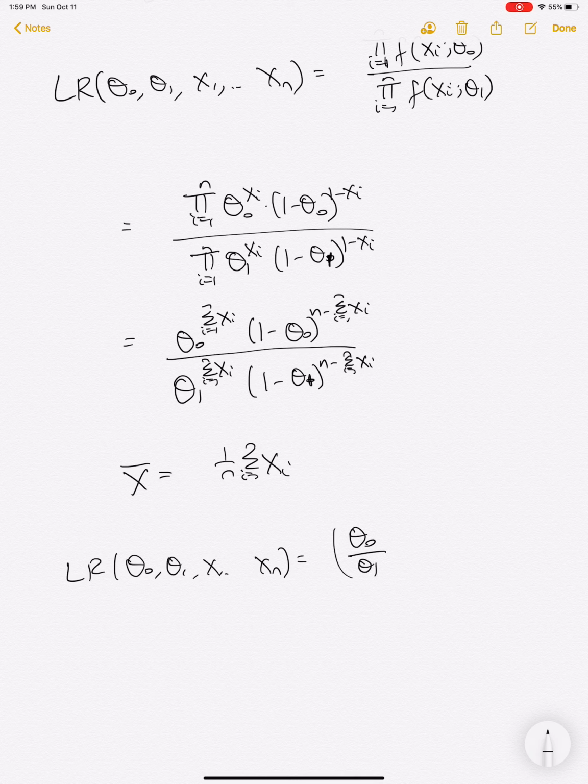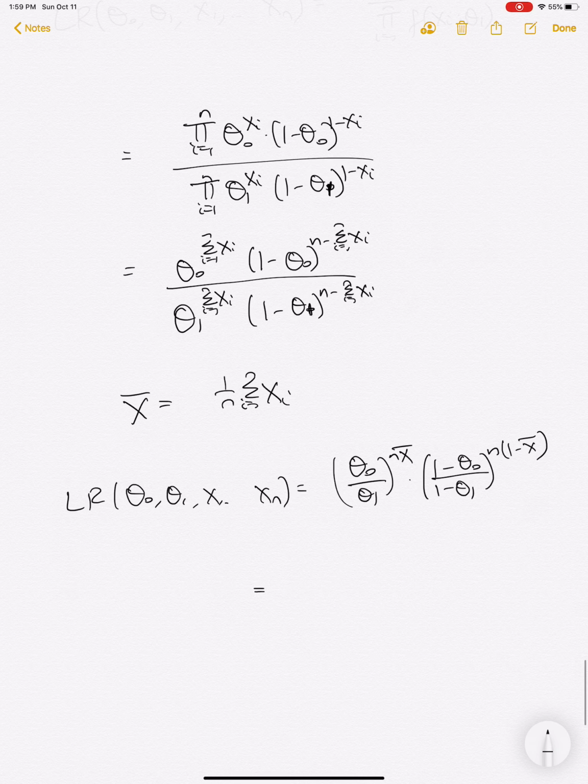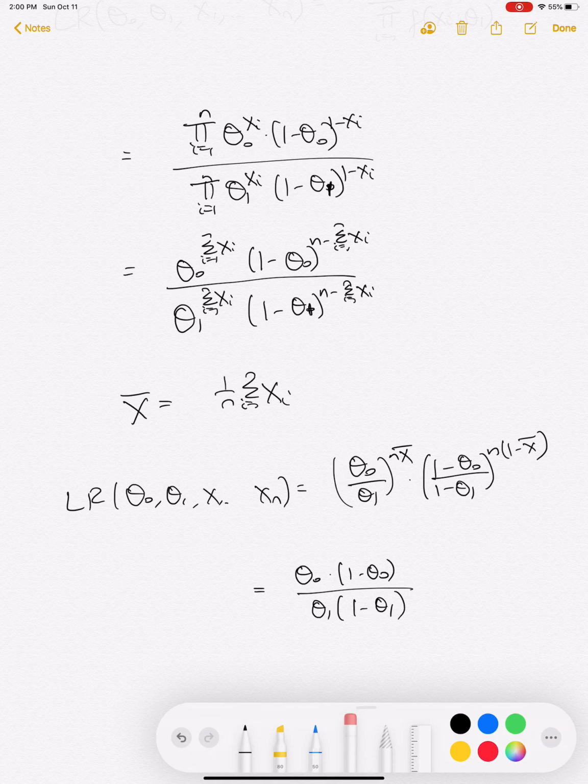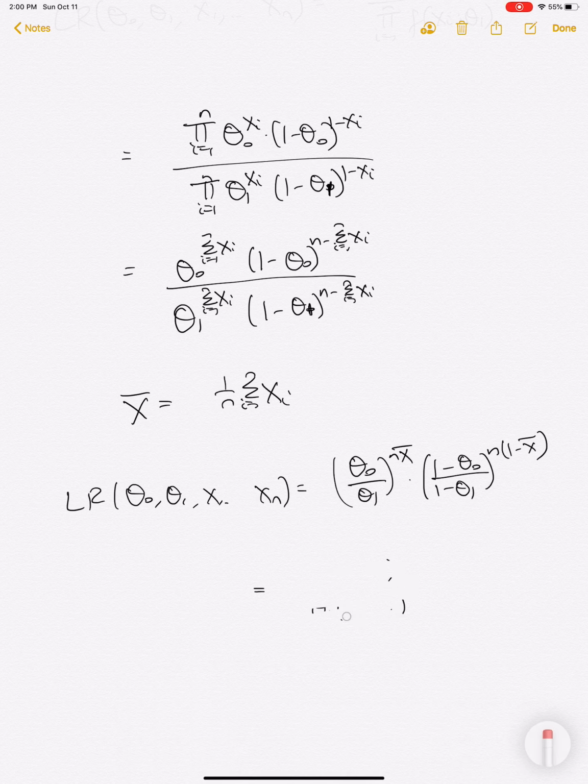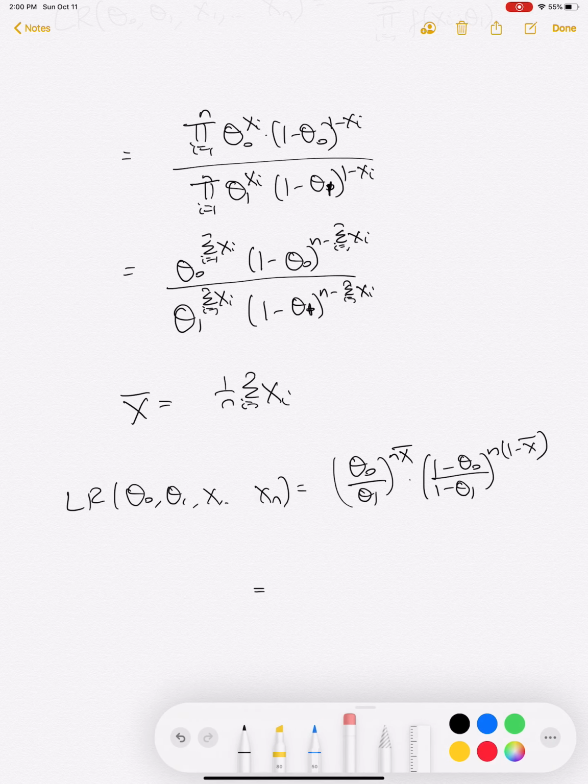as theta 0 over theta 1 to the n x bar, and then n times 1 minus x bar. And so you can rewrite this whole thing.